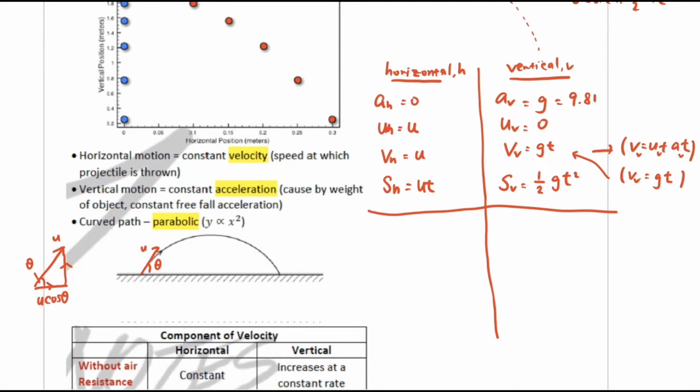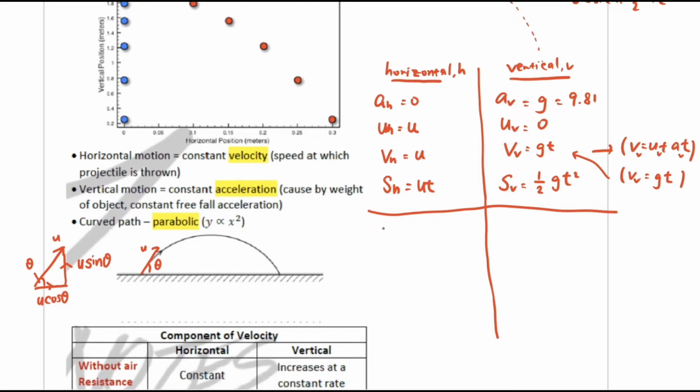And this is the opposite. Opposite over hypotenuse is sine. So you rearrange sine theta equal to opposite over hypotenuse, then you will get the opposite as u sine theta. So we get the horizontal and the vertical initial velocity.